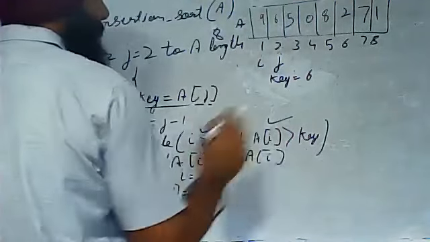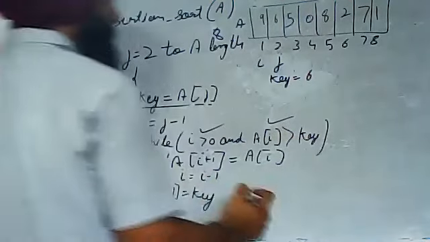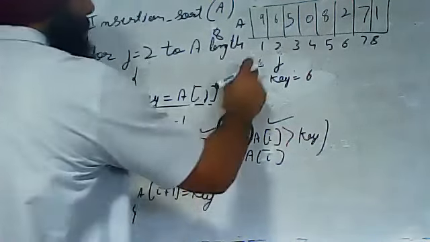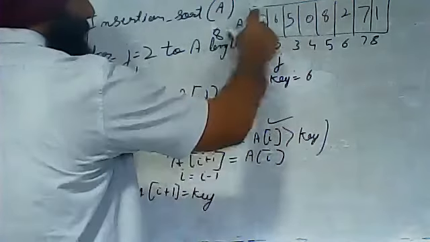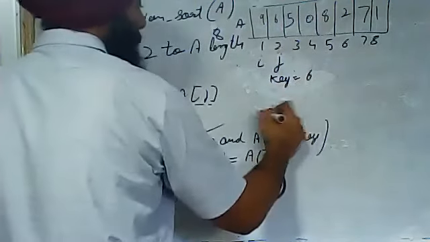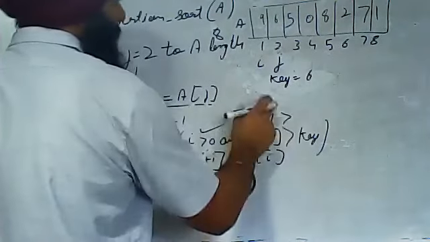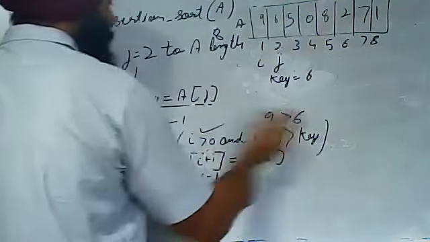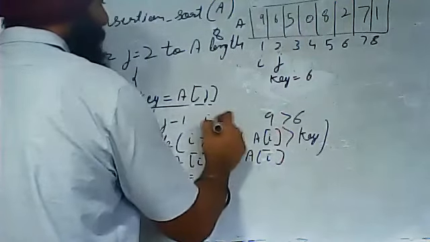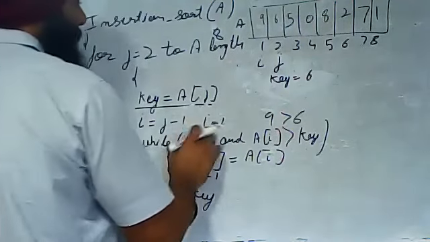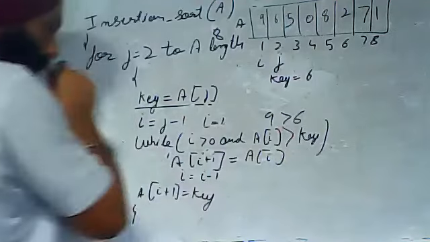Then we need to check the second condition. The second condition is a of I, that is a of 1 in this case, that is 9. So 9 should be here. I'm going to write it here. 9 is greater than key. Is it true? Yes, both conditions are true.